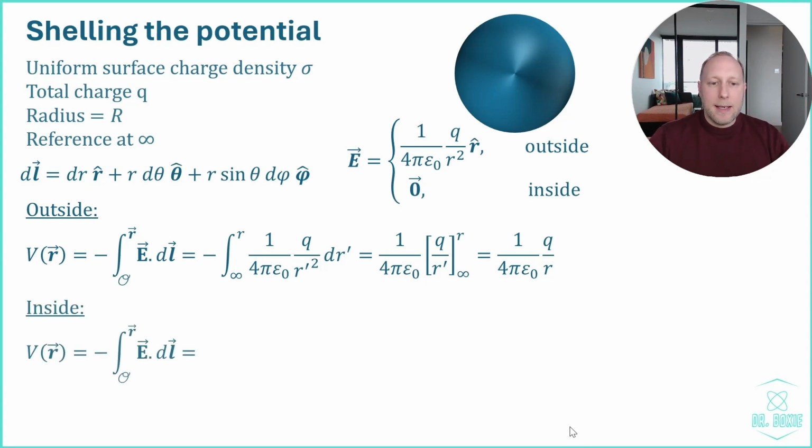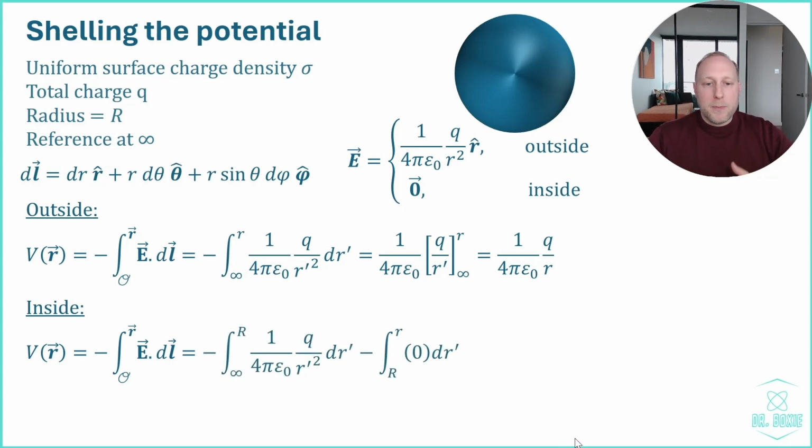What happens inside? Well, inside we need to calculate the same integral, but r sits now within the shell. And the way to calculate this is we calculate the integral from the reference point, so from infinity to the radius, plus the integral from the radius to whatever point within the shell we are sitting at. Now the second integral is 0 simply because the electric field is 0 within it.